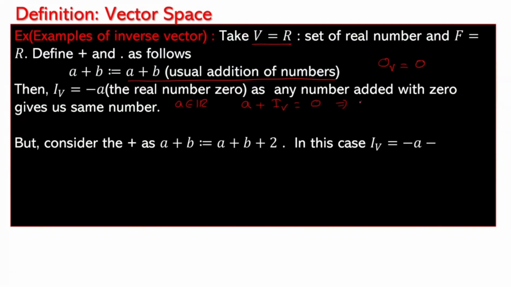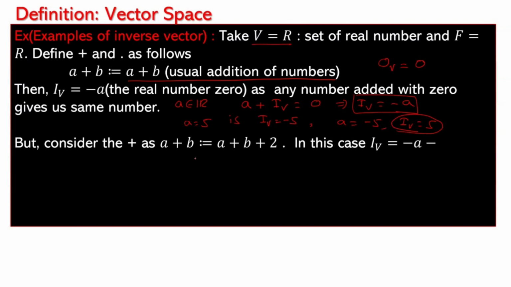So this implies iv is equal to minus a. So the negative of any number is the inverse. So the inverse for a equal to 5 is minus 5, and if a equal to minus 5, then iv is equal to 5.